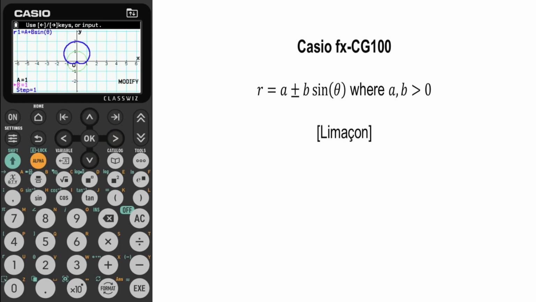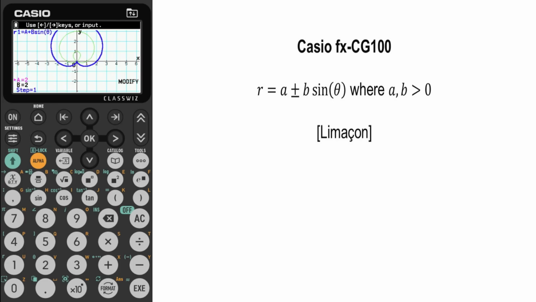Now, in the case where b is greater than a, so for example, b equaling 2 and a equaling 1, you can see we've got a loop. In the case where a and b are both equal to each other, for example, a equaling 2 and b equaling 2, we have a cardioid.